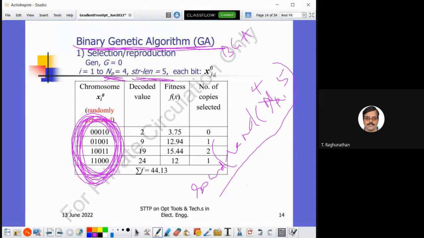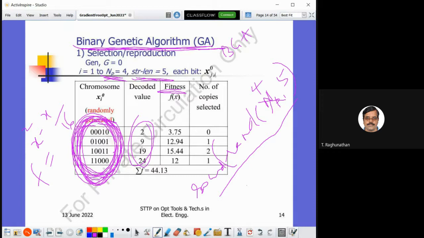So the fitness is based on substituting these values in the function and seeing the function value. You can't substitute these directly in that function, x squared minus x by 16, so you need to convert them to decimal values.